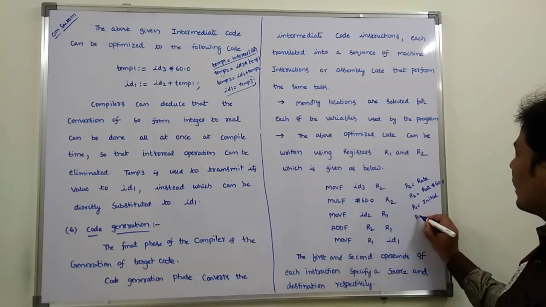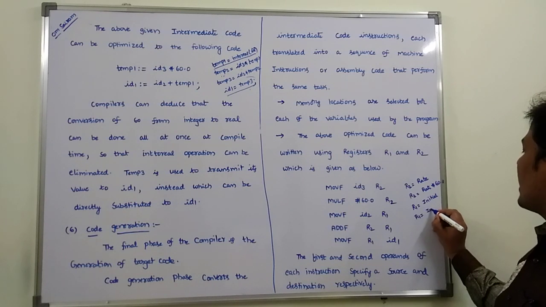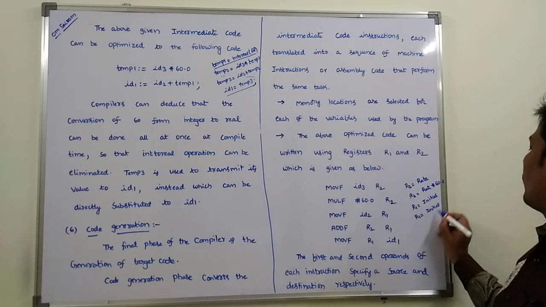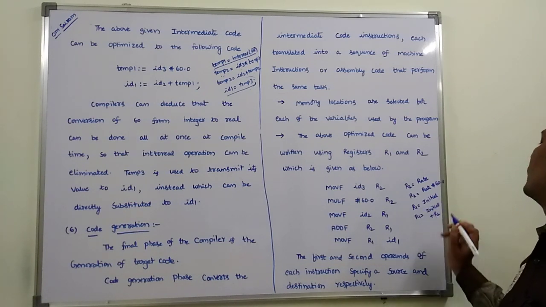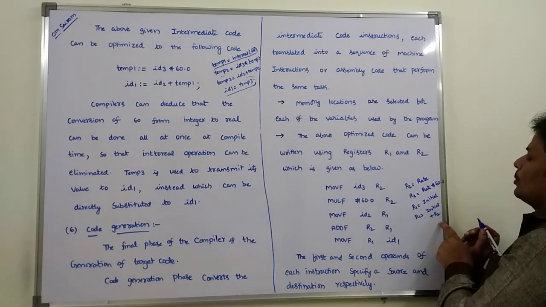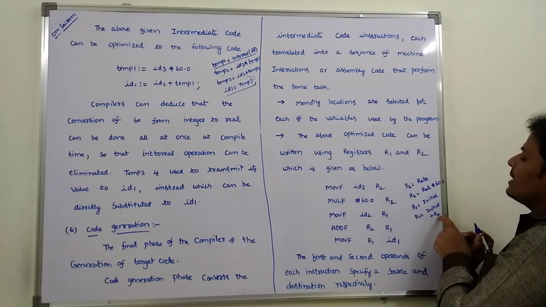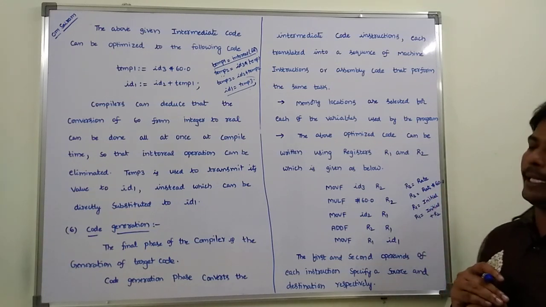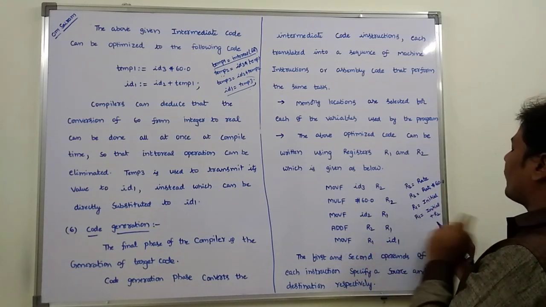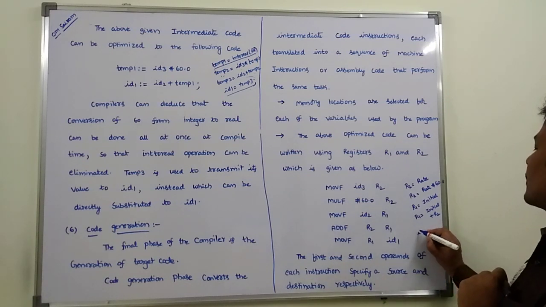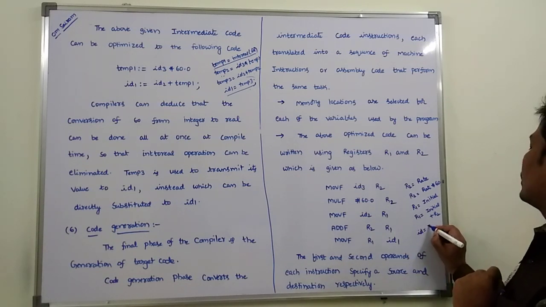So now R1 contains initial plus R2. Initial is identifier id2 plus R2, which means rate into 60. So now MOVF R1, id1.